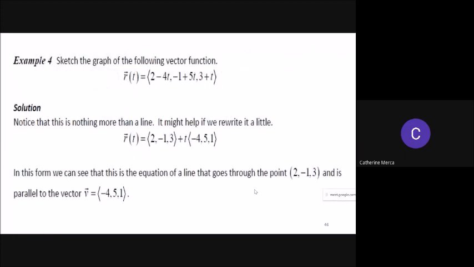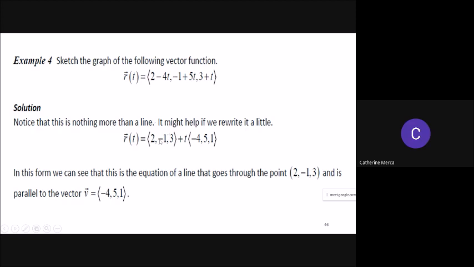So we're just going through some facts here so that you can write down some equations later on. So, example, you're asked to sketch a graph of the following vector function. R of t is equal to <2 minus 4t, negative 1 plus 5t, 3 plus t>. So one lang man ang exponent. So pag one exponent, then this is nothing more than a line.